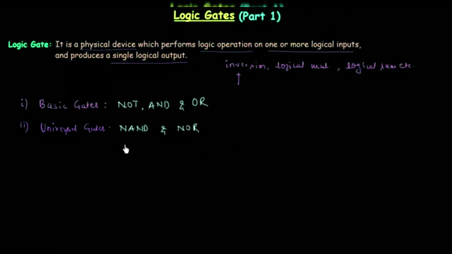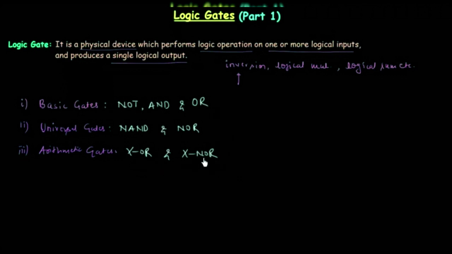We call them universal gates because by using only NAND or only NOR we can implement any digital system. The last group is arithmetic gates. And in this group also we have two gates. First one is XOR and second one is XNOR. We call them arithmetic gates because we use them in arithmetic operations.